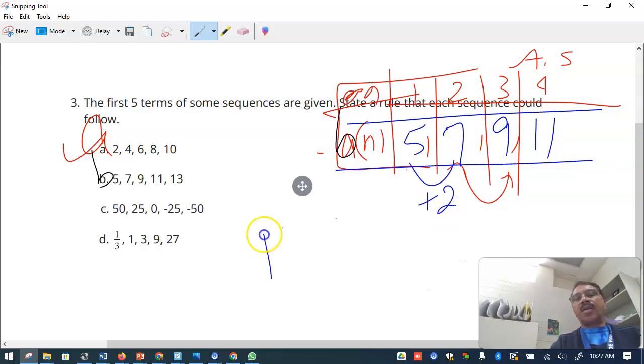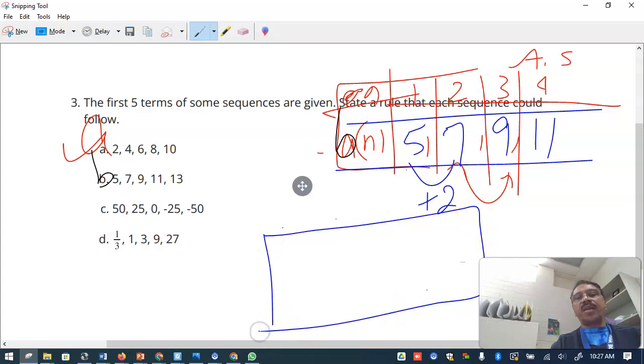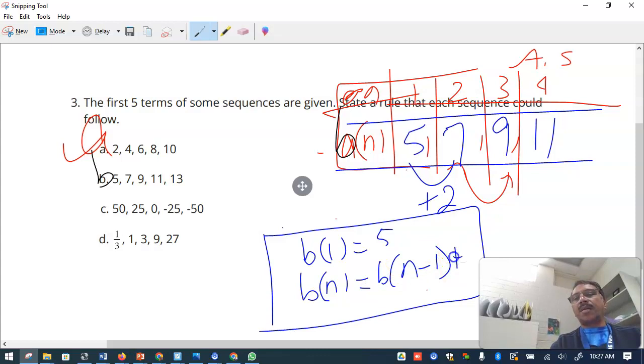So when you write the recursive definition, you say b of 1 is 5, and any term is always 2 more than the previous one, b of n minus 1 plus 2, for n greater than or equal to 2.